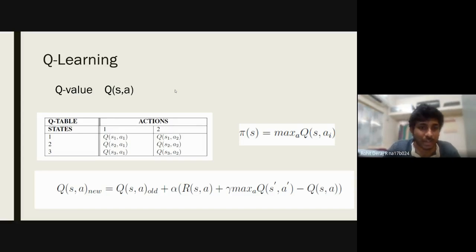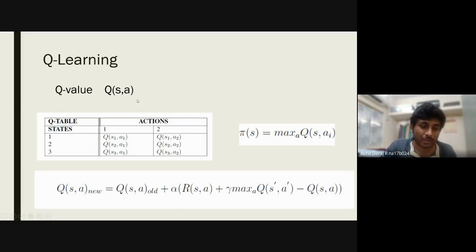How will you know which action is best? You do that by comparing the Q values. Mathematically, the Q value of S comma A is the expected return I can get when I start from state S and take the first action as A.